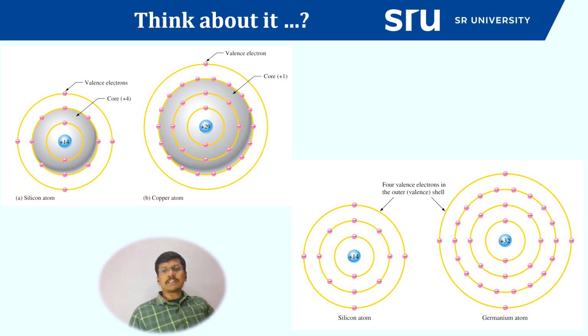As per our previous discussion, if the valency electrons are more, free electrons are more, the electrical conductivity should be more. But here it is quite reverse. The conductivity of copper is far higher when compared to silicon, but the availability of charge carriers in the outermost orbital is high in silicon.